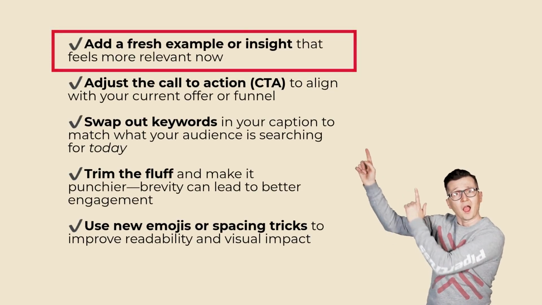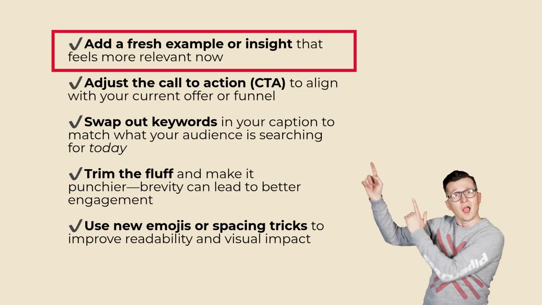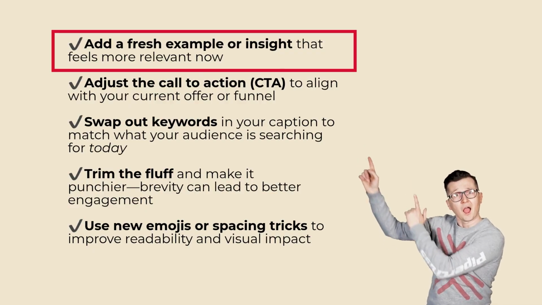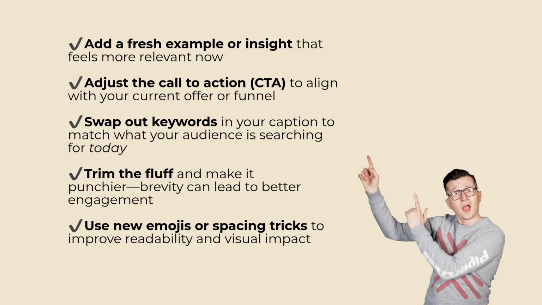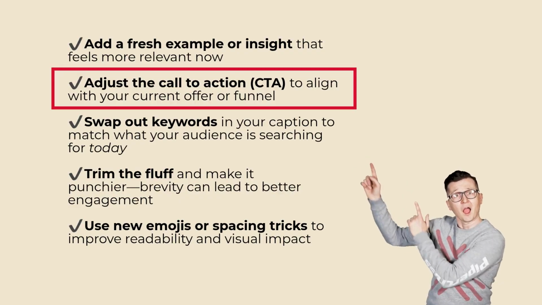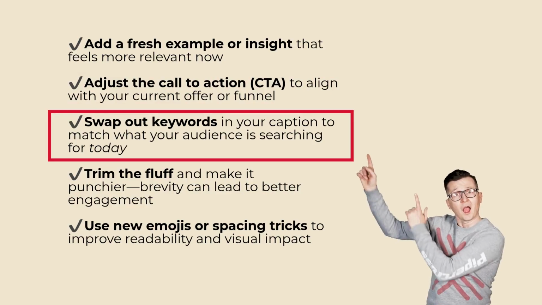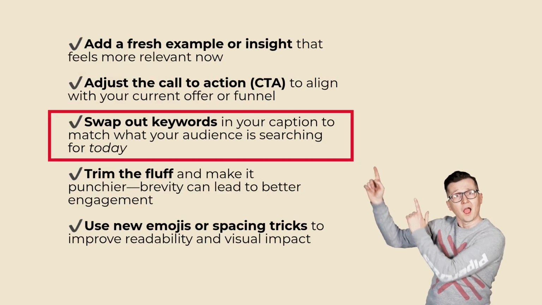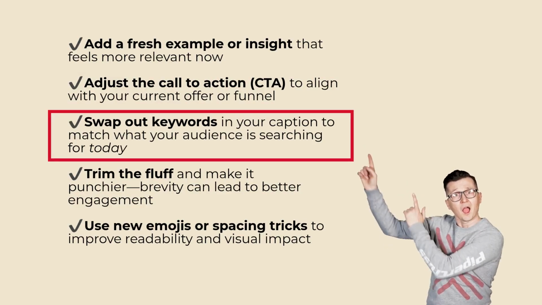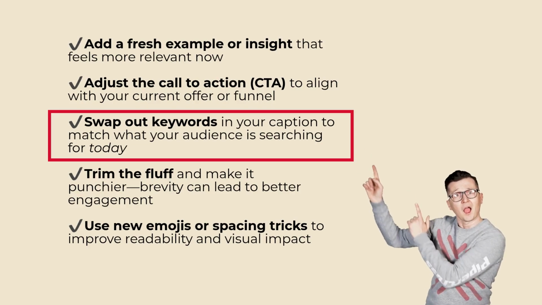Now, I want to tell you some other simple ways you could revive an underperforming content. You ready? Screenshot this. Add a fresh example or insight that feels more relevant now. I mean, trends change, and even your perspective might have evolved too. Next, adjust the call to action, just like I did, to align with your current offer or funnel. Another thing you can do, swap out keywords in your caption to match what your audience is searching for today. Because let's be real, audiences' behaviors change.